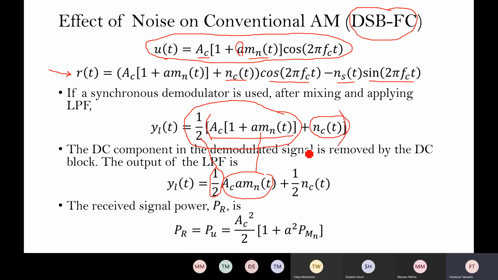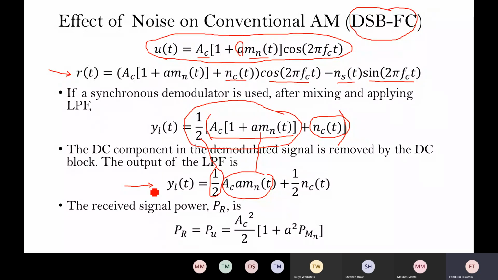So the 1/2 is multiplying both components, the desired signal component and the noise component. This then would be the output of the low-pass filter after we have removed the DC component.